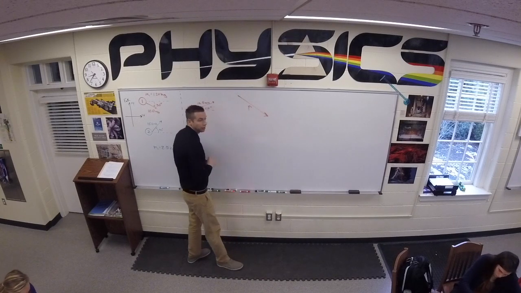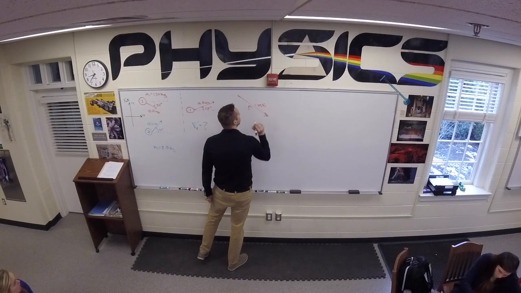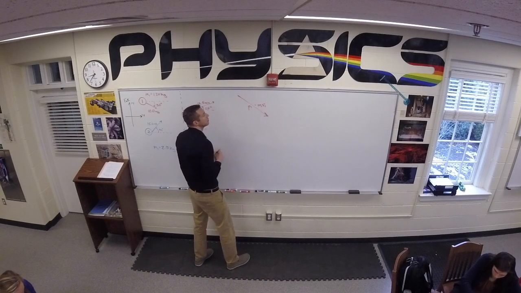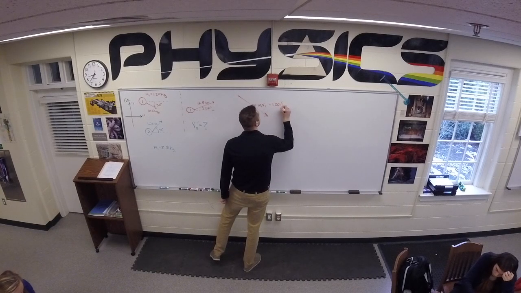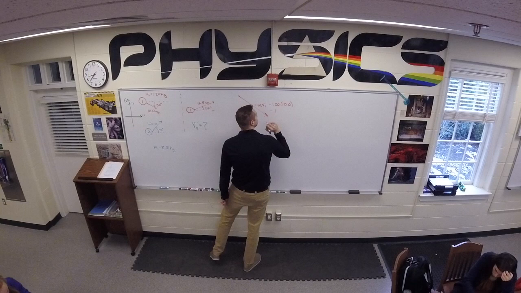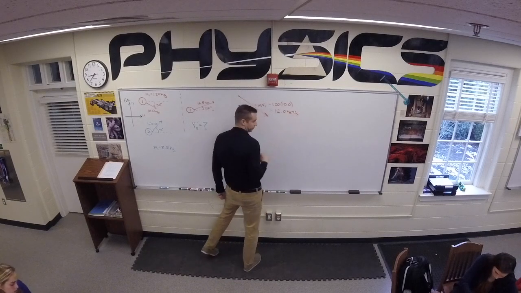And so this would be P1. P1 can be calculated by M1 times V1, which will be 1.20 times 10.0, which is 12 kilogram meters per second.